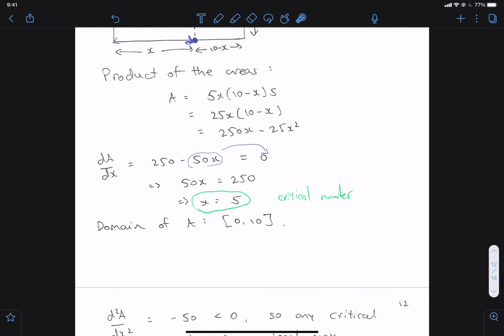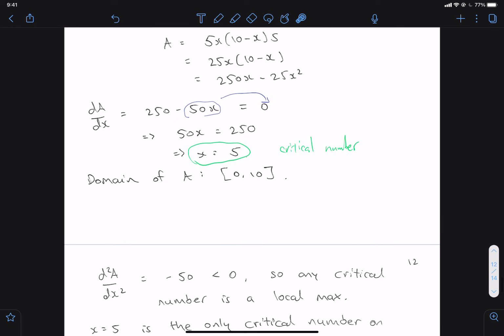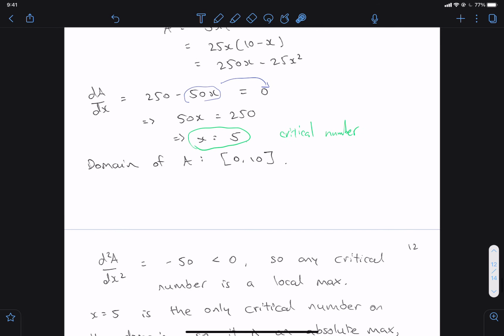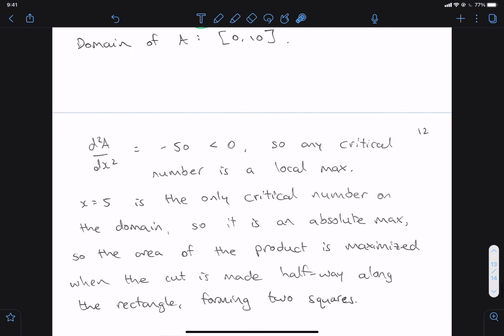After knowing the domain and this critical number, we're going to see what kind of critical number this is. So the second derivative is put into practice here. Take the derivative again, negative 50, less than 0. So this is a local max. The only critical number that is a local max in this closed interval is also going to be our absolute max. So both local max and absolute max.